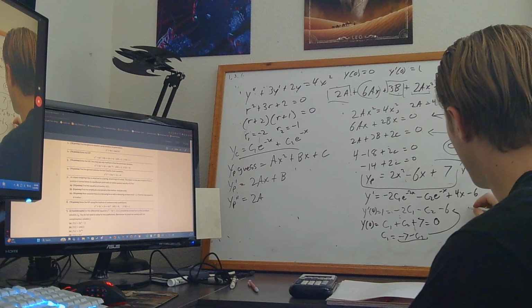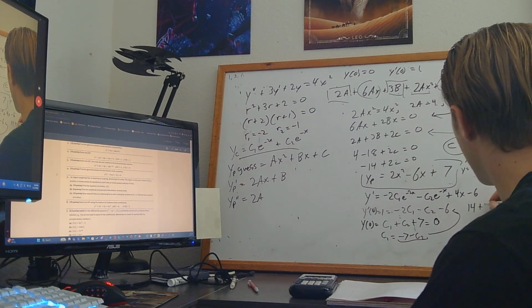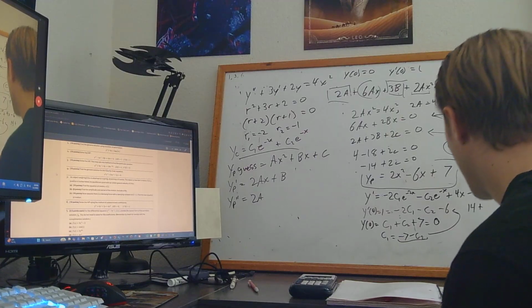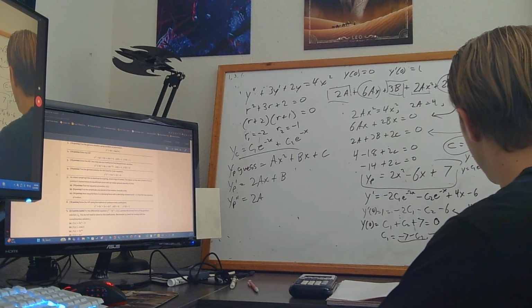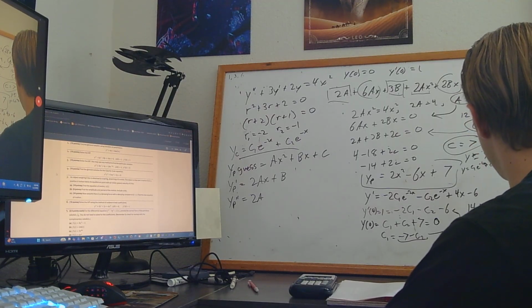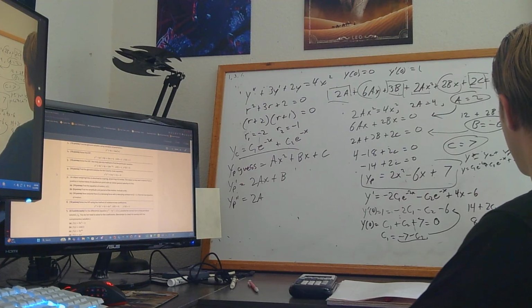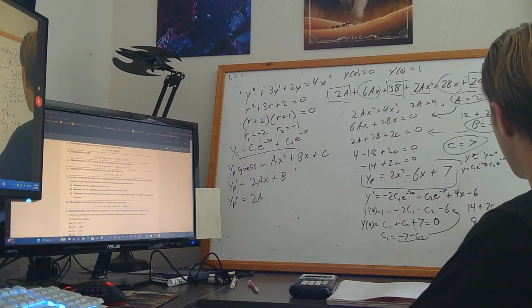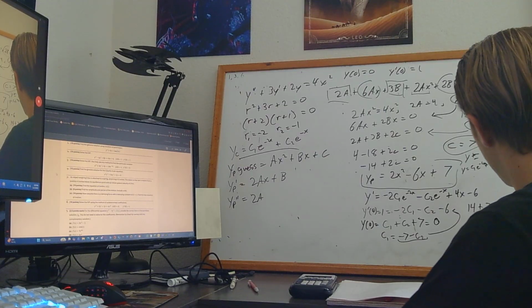So 14 plus 2c2 minus c2 minus 6 equals 1. I have here 8 plus c2 equals 1. c2 equals minus 7.